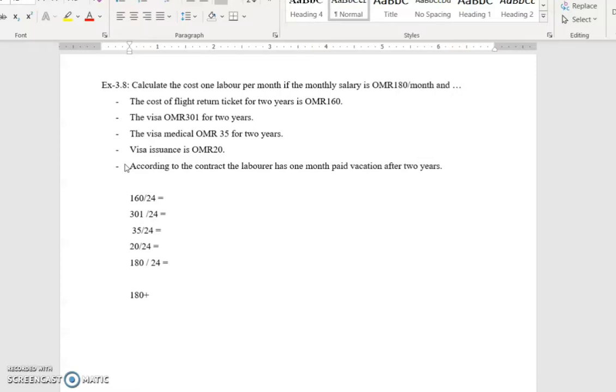So this is why I wanted to break down the salaries, which is given to the manpower, to its components. Like let's say that calculate the cost of one laborer per month, the cost of salary for one laborer per month.